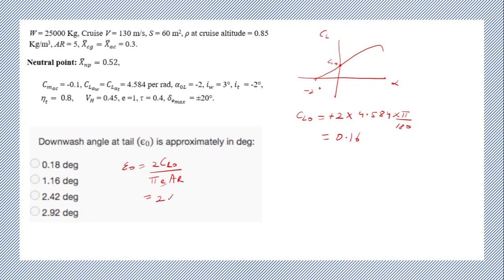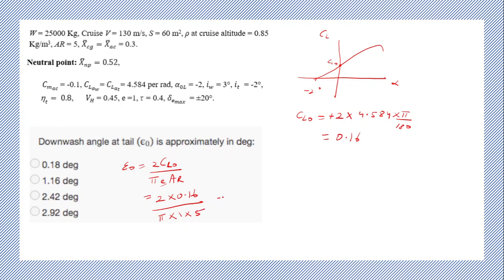So that is 2 into 0.16 by pi. E is 1. AR is, how much is AR? AR is not given to you. Oh, it's given, 5. Correct.